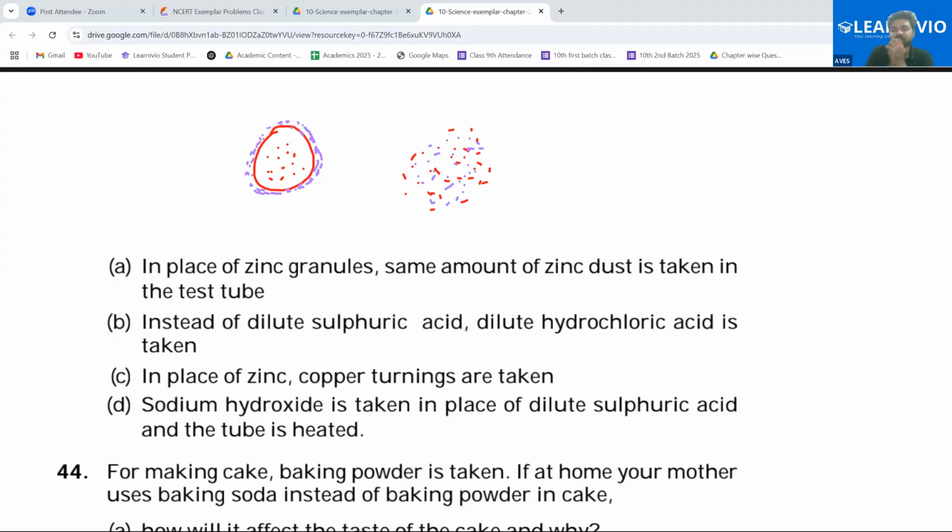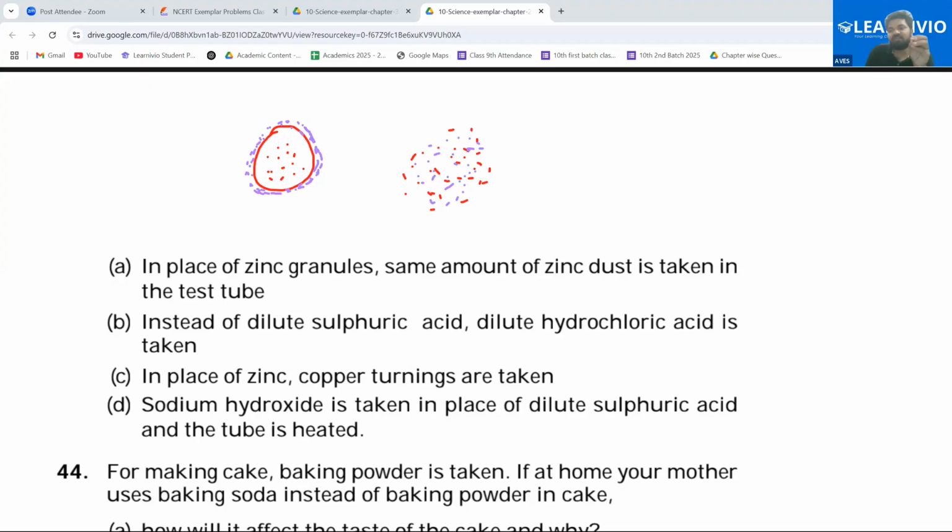Sir, if the tube is heated, then it forms a precipitate, right? The salt will become a precipitate or something. Sodium hydroxide is taken in place of dilute sulfuric acid, and then the test tube is heated. So simply, will it give you hydrogen gas or not? It's asking for the hydrogen gas.